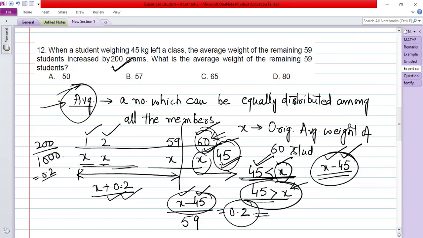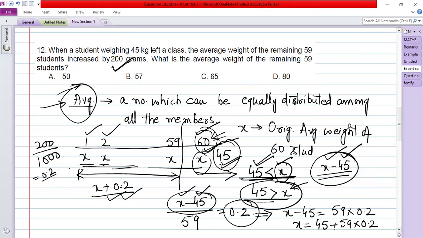So basically we have to solve this equation: x minus 45 is equal to 59 into 0.2. Meaning x will be 45 plus 59 into 0.2.